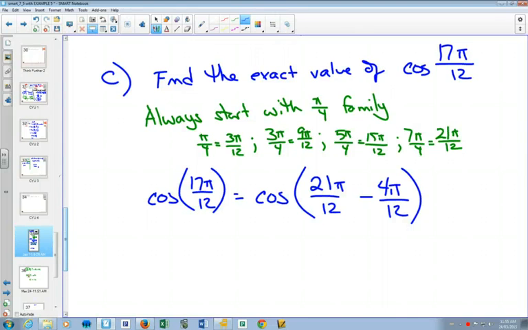And then, because we chose 21 pi over 12, which happens to be 7 pi over 4, when we reduce 4 pi over 12, we realize, oh, it is another family member. And it will always work to be another family member if you start with your pi over 4 family. If you start with pi over 3 or pi over 6, you might get something that doesn't work.